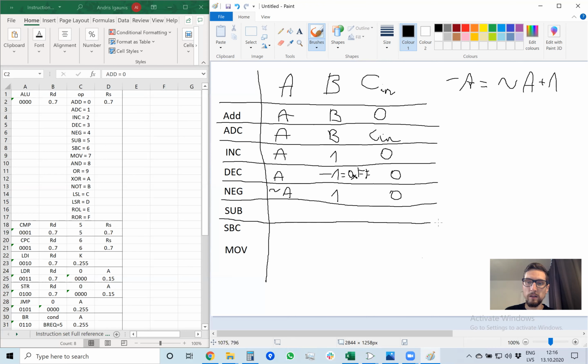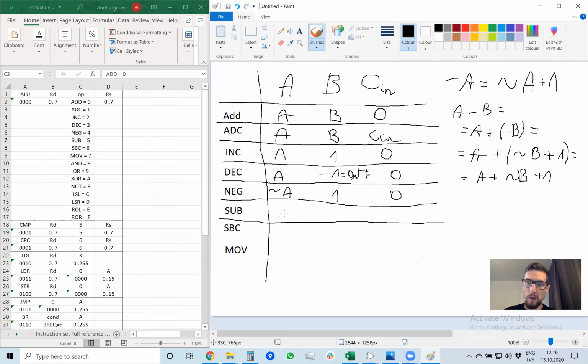Next, how do we subtract? Subtracting means A minus B is equal to A plus minus B, which equals A plus all bits of B inverted plus 1, which equals A plus NOT B plus 1.